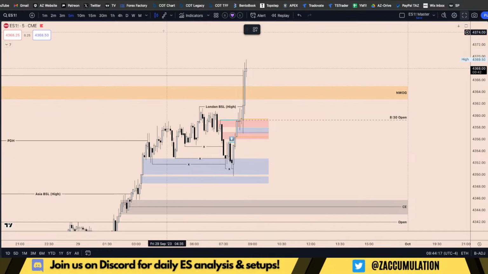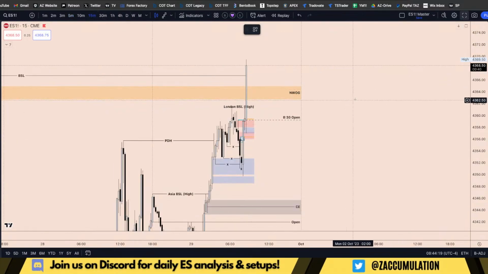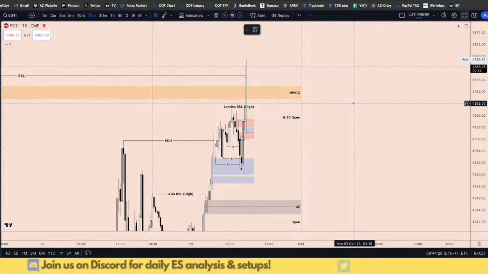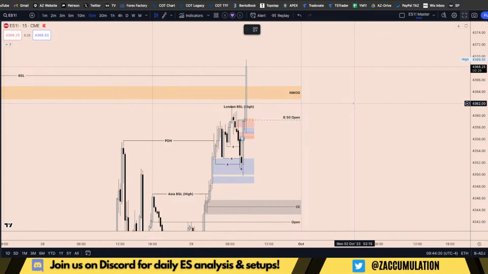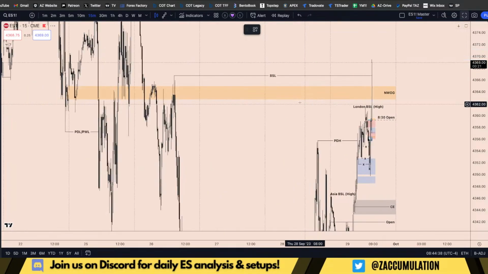Alright, so the 15-minute candle has closed. No, it hasn't. Sorry, guys. But I think it's pretty obvious. We're closing very strongly.